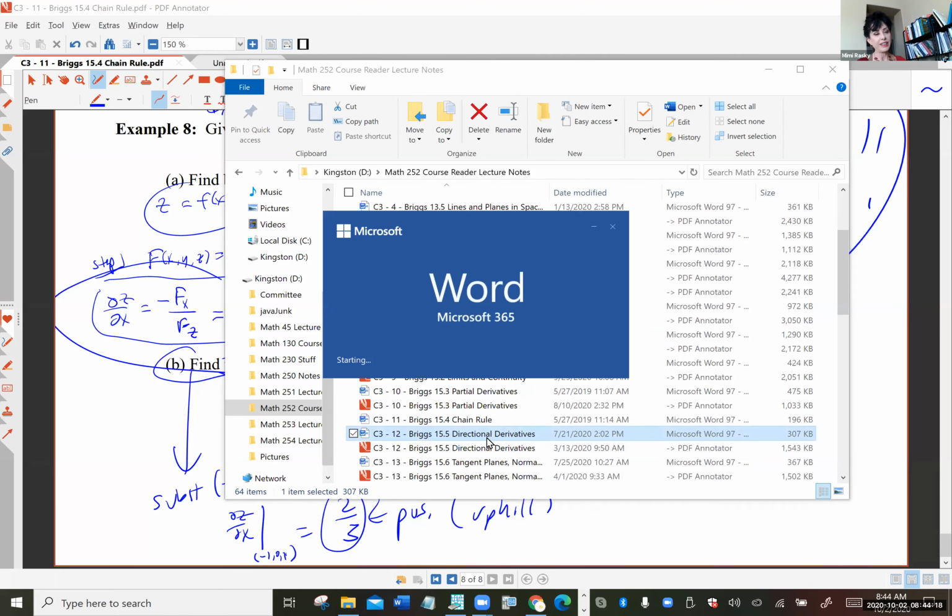So this is where the whole derivation comes in: the slope of the surface is equal to the slope of the tangent line to the curve that's on the surface that passes, so it's in the direction of the straight line essentially, and at the point that you're standing on.